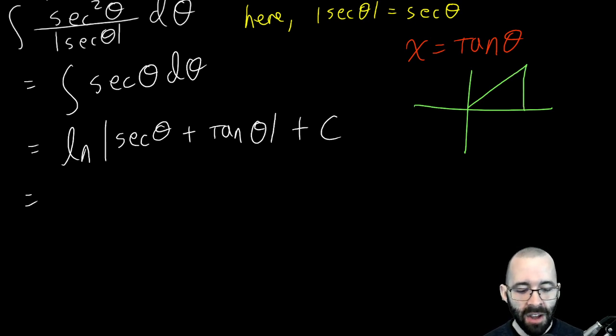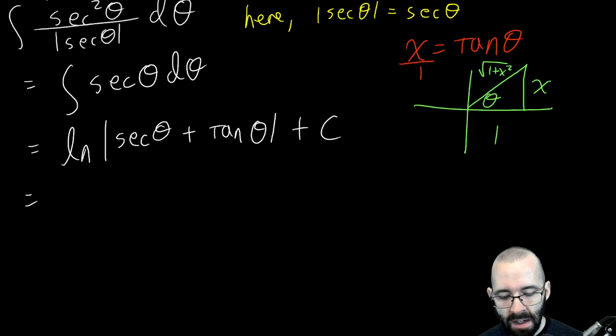It doesn't matter whether theta is positive or negative, because secant will be always positive in the first or fourth quadrant. Tangent of theta is opposite over adjacent. Opposite over adjacent is like this. This becomes the square root of 1 plus x squared.